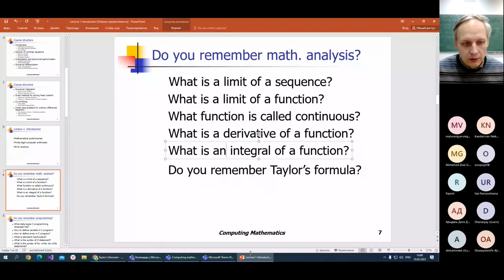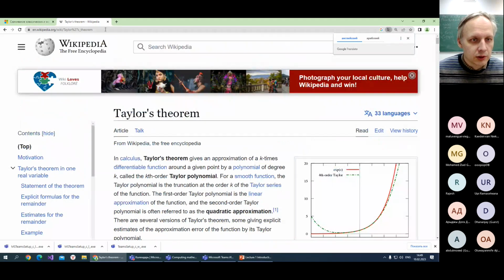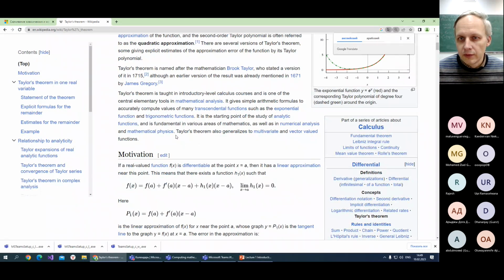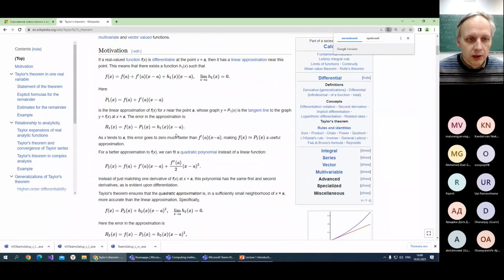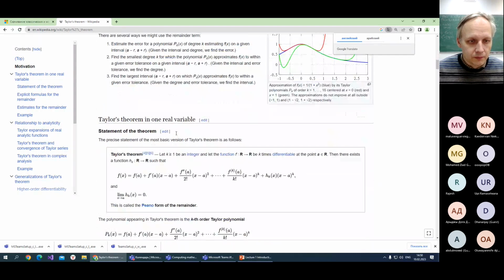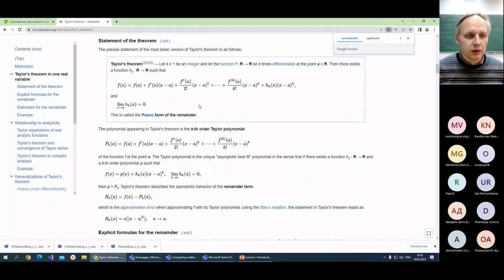Again, I share the screen, and of course you can type Taylor formula or Taylor's theorem, and you can find the information in Wikipedia and in the book. There are a lot of sources, but let me show maybe the main feature of this theorem.